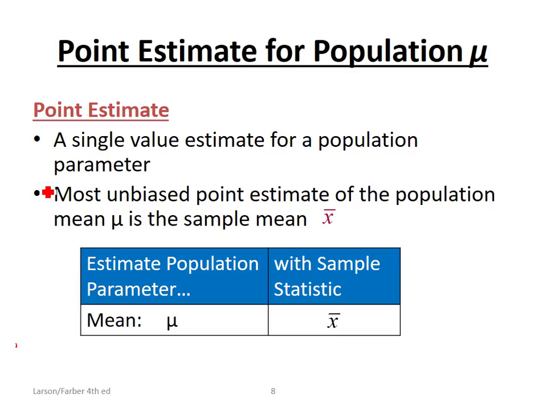And all that's telling us, just like we said last chapter, is that the mean of the sample is going to be the closest to the mean of the population. Those are going to be real close. Variance and standard deviation might not look so close to each other for a population and for a sample.